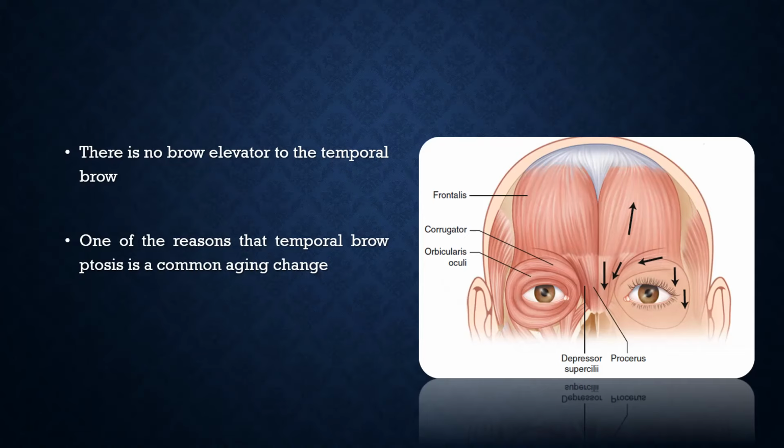And also, since the frontalis is more or less located in the central 2/3 of the brow, and there are not too many fibers in the lateral part, there is essentially no brow elevator to the temporal brow. And that is also one of the major reasons that temporal brow ptosis is a very common aging change.